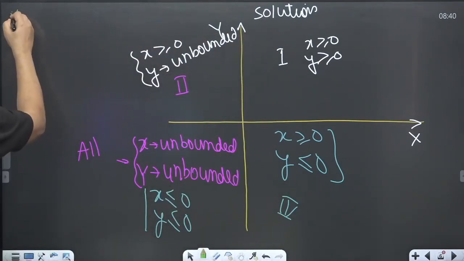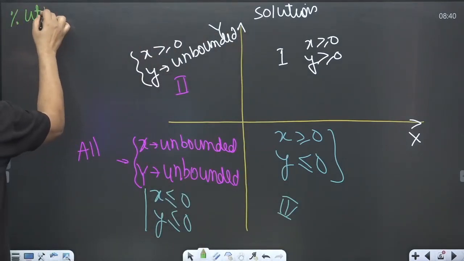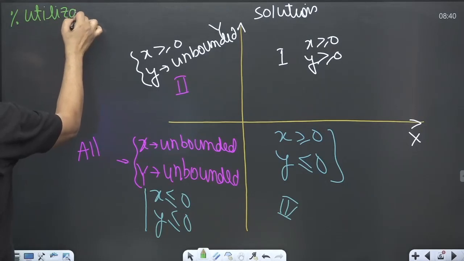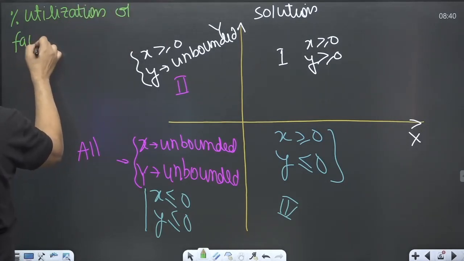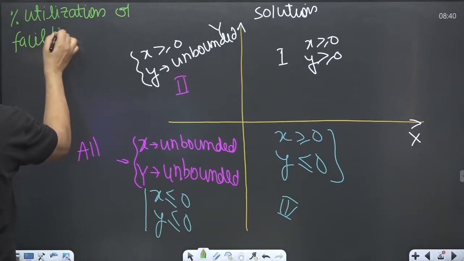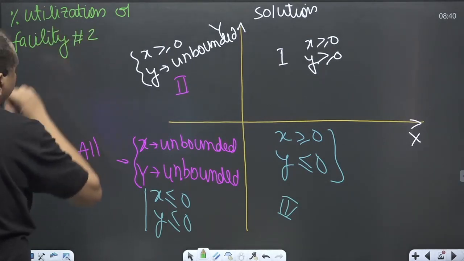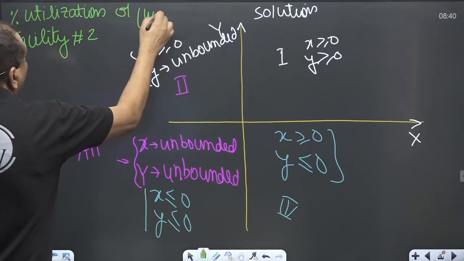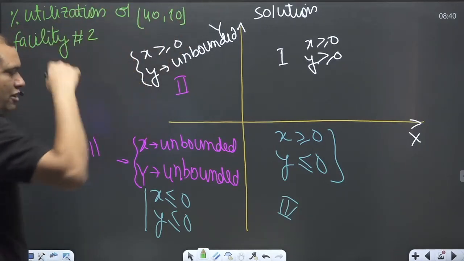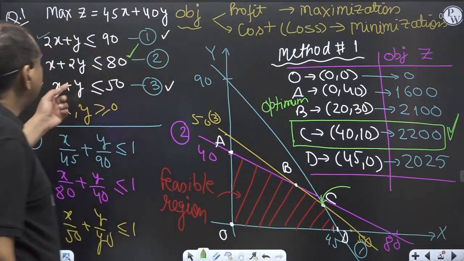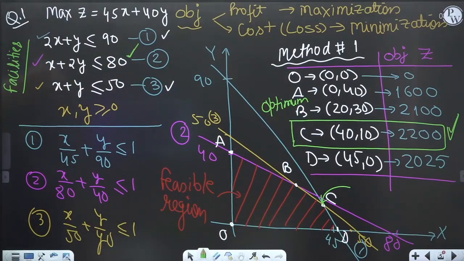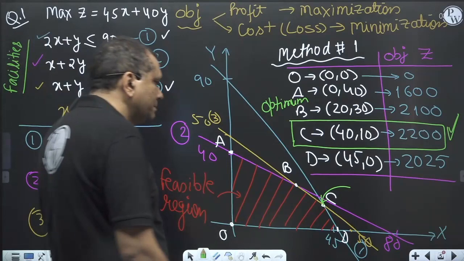So, percentage utilization of facility number 2. (40, 10) is the optimum point. Facility 2 is x plus 2y equals 80.